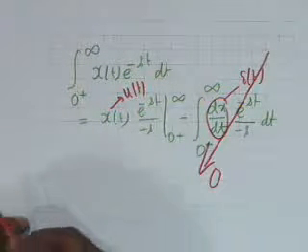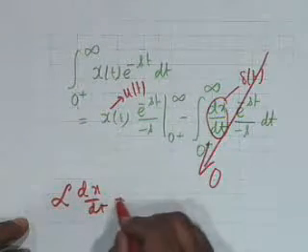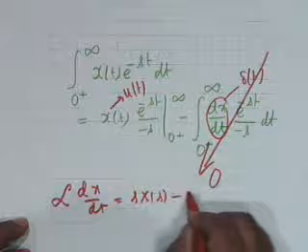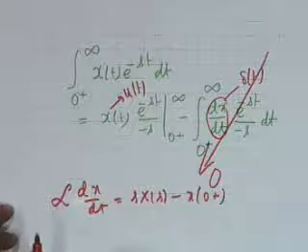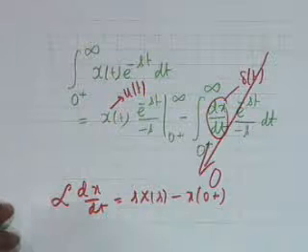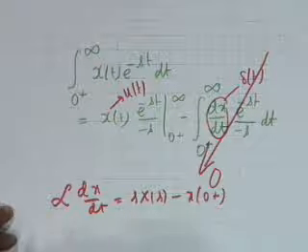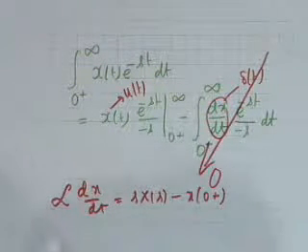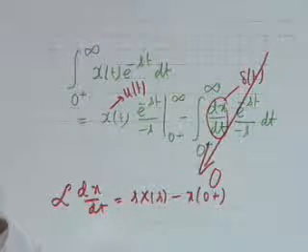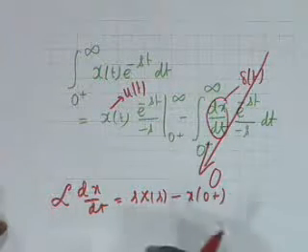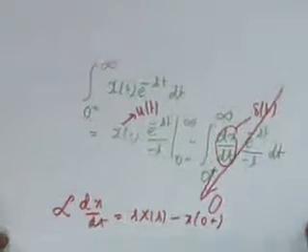Therefore this formula that Laplace of dx dt is equal to s times X of s minus x of 0 plus does not apply to a function like a delta function or a function like u of t, the unit step function, because its derivative at 0 plus is 0. It only exists at t equal to 0. This is a very special case, and one should take note of this.